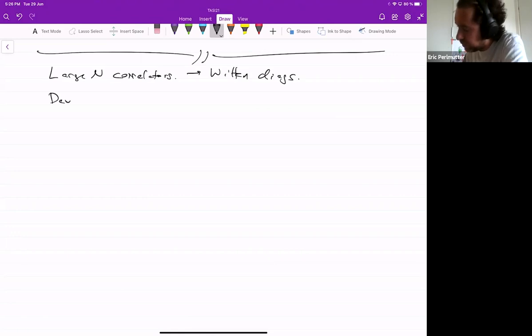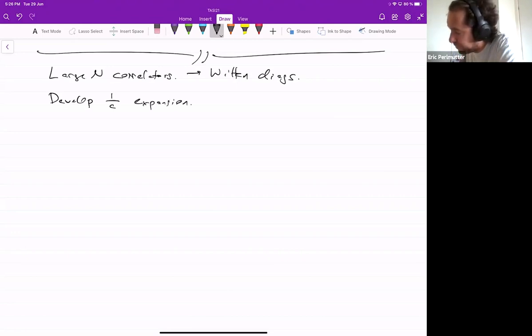And we want to develop the 1 over N, or the 1 over C expansion of these correlators and ask what kind of information do they contain? What are we really computing when we compute Witten diagrams? And what are the essential data that characterize a large N CFT of the holographic type?